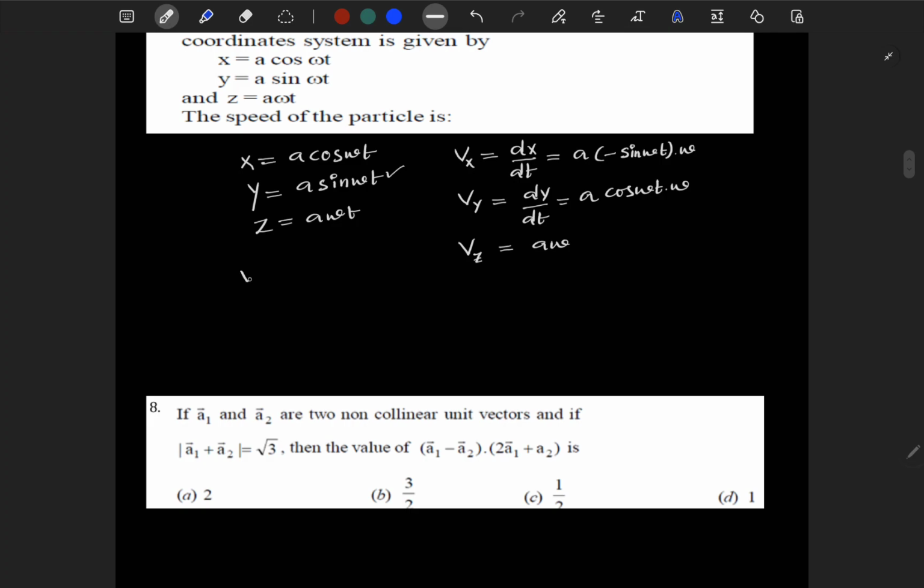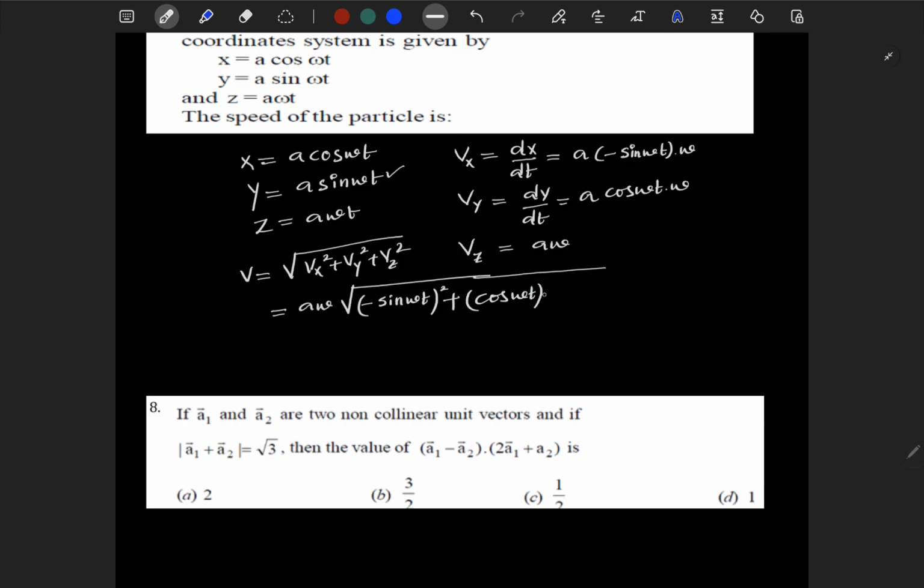So now if you want the speed, you need to simply use the magnitude of velocity, which is root of vx square plus vy square plus vz square. So that will give you, I think a omega is common in all of them, so I can take it out, and I'm left with what is inside: minus sin omega t square plus cos omega t square, and plus there is 1 here, so 1 square.